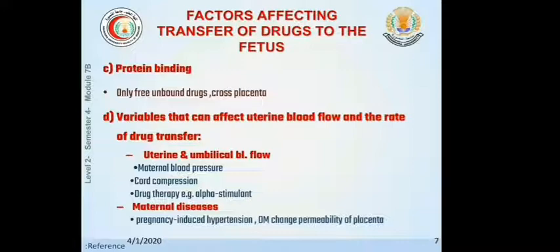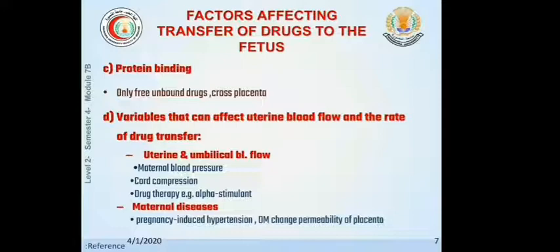What are the factors affecting the level of unbound drug fractions in the fetus? It is due to increased maternal unbound drug fraction. Again, only the unbound drug passes the placenta. The highly bound drugs cannot cross the placenta.